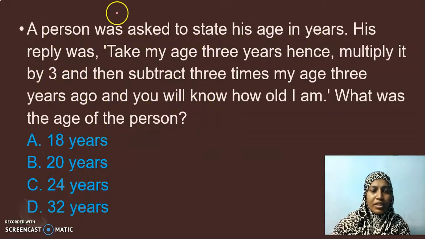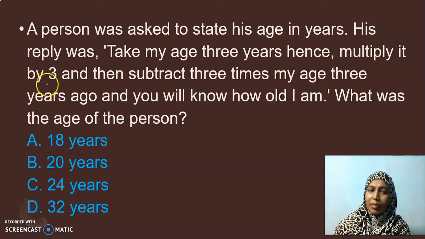Okay, here it is. A person was asked to state his age in years. His reply was, take my age 3 years hence, and multiply it by 3.